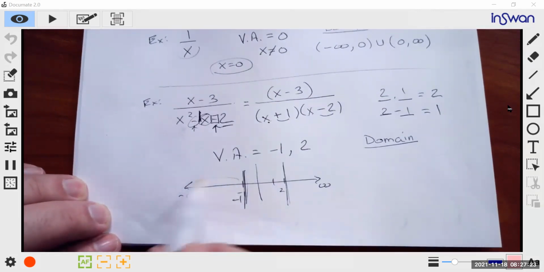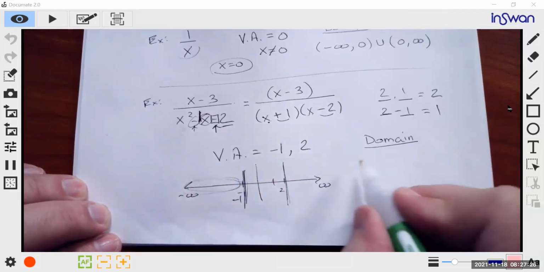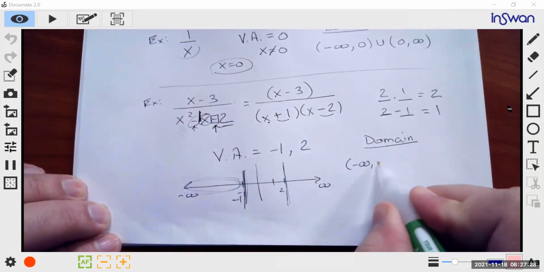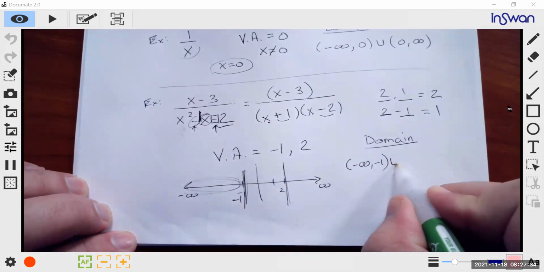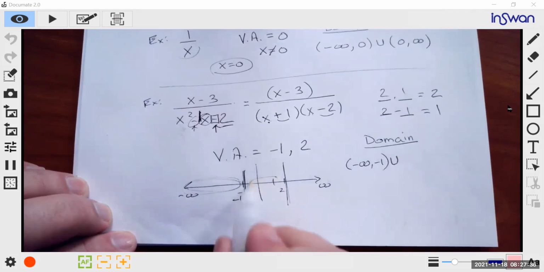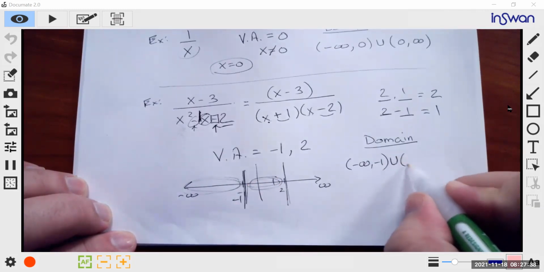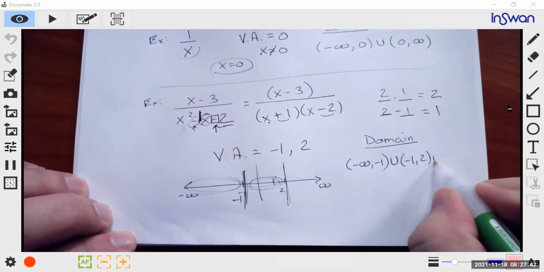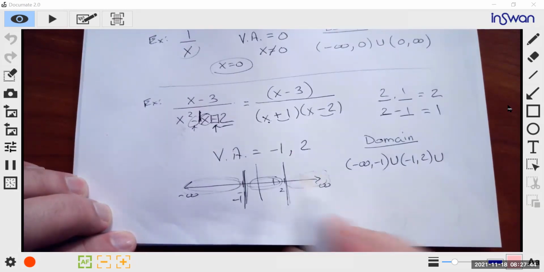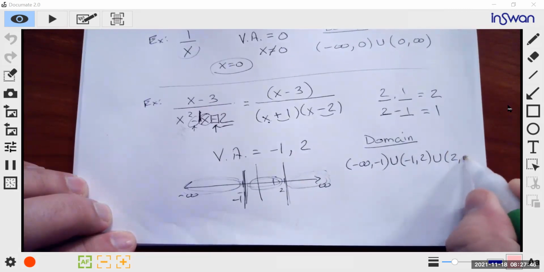So let's see what I can use. I can use this part, which is from -infinity to -1. Or I can use these numbers from -1 to 2. Or I can use these numbers from 2 to infinity.